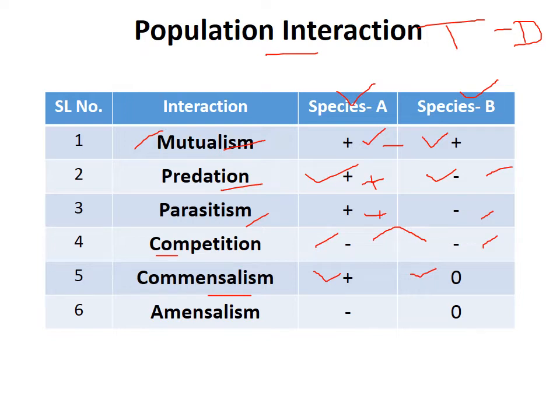There are lots of examples we will discuss later. And amensalism, where one species has a negative impact on the other species, but the other species doesn't have any impact. So this is amensalism. One is negative, one is zero.